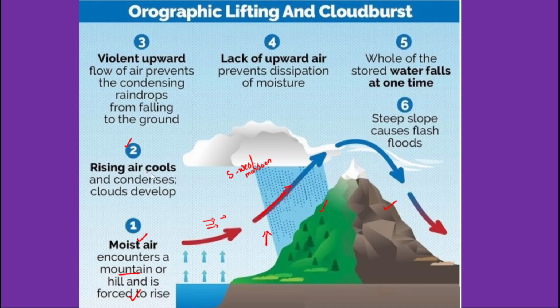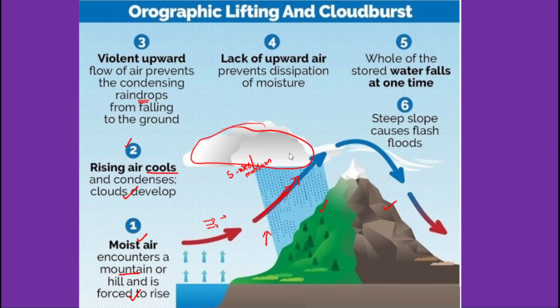So this rising air cools and condenses, and clouds develop over an area. In the third phase, there is a violent upward flow of air. This violent upward movement of air prevents condensing raindrops from falling to the ground.